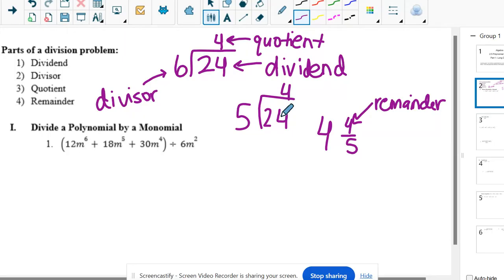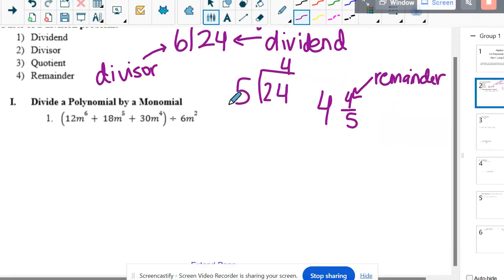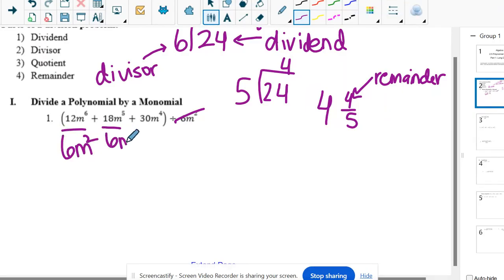Okay, so polynomial divided by a monomial. This page is more of a warm-up, but it's easier than what we're going to be doing. If you're just dividing by one term, then you can divide each term by that separately. So we can change this to dividing by 6m squared, divide by 6m squared, divide by 6m squared. So you don't need long division when you're dividing by a monomial.